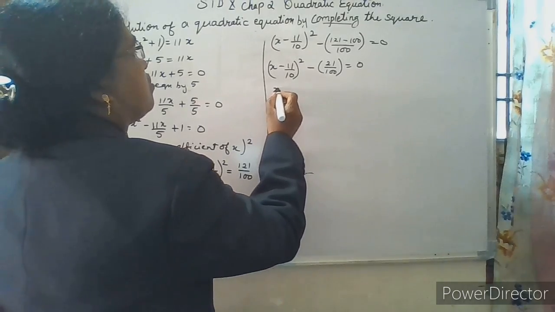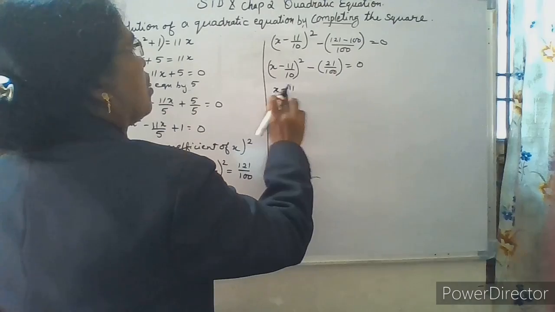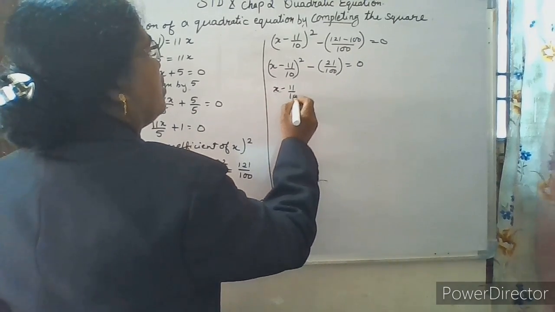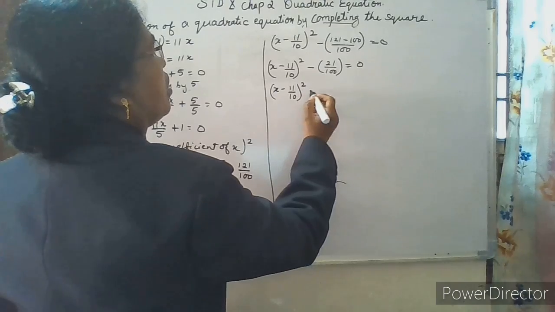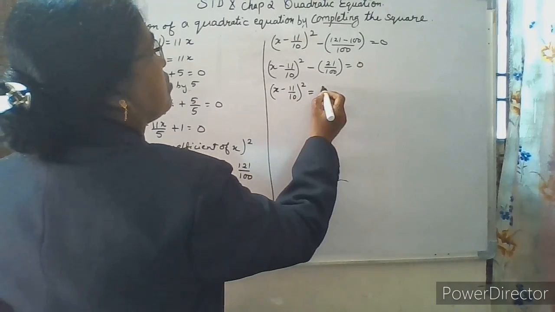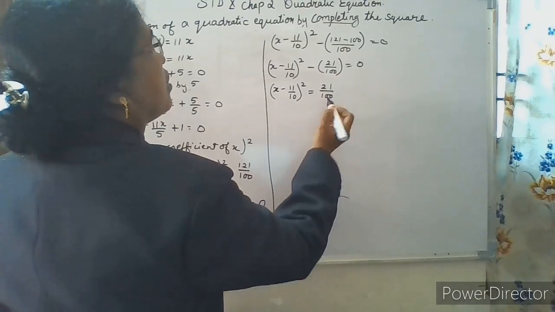Now (x minus 11/10) the whole square is equal to, when I take that to the other side, 21/100.